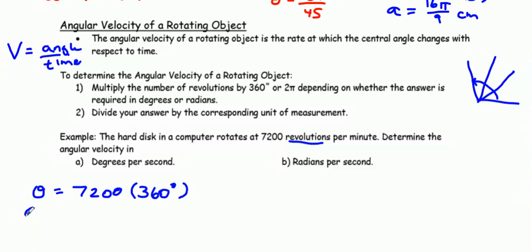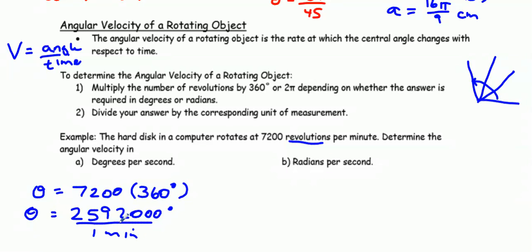Okay, so that's the angle that the hard drive makes in 1 minute. It's rotated that far. Ooh, that's a big number. So that's 2,592,000 degrees in 1 minute.